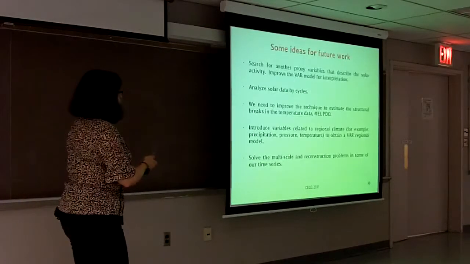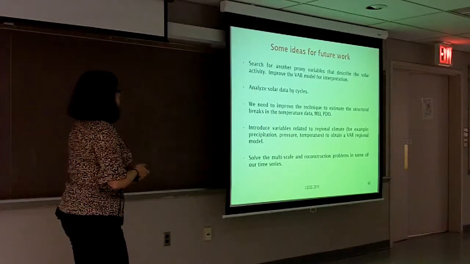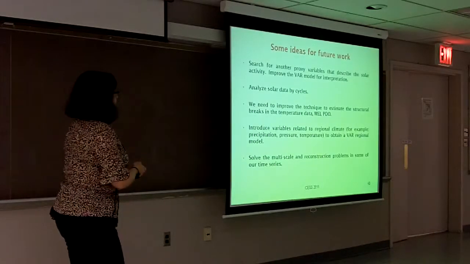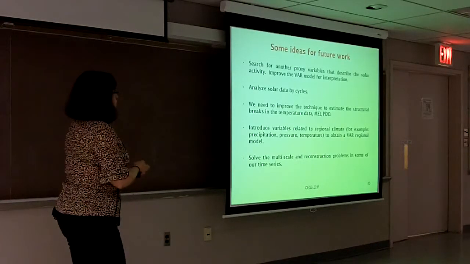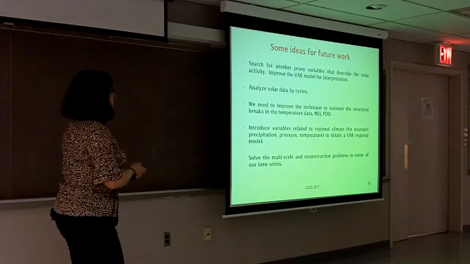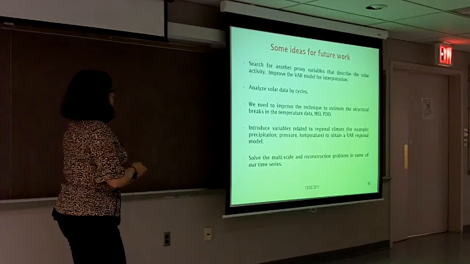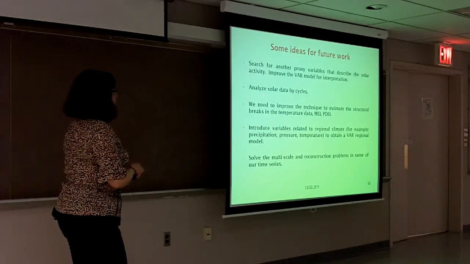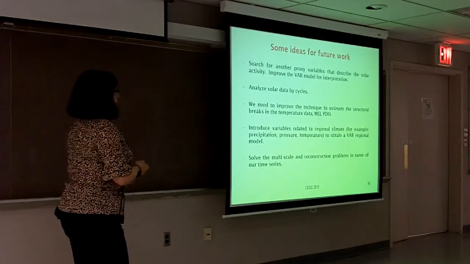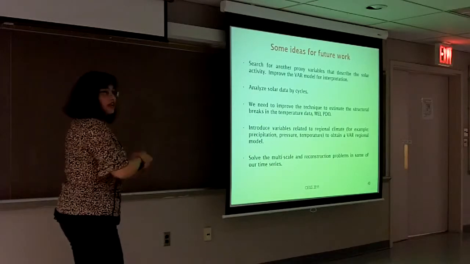So, some ideas for future work. The first is that we need to search for other proxy variables that describe the solar activity better, because we need to improve the Barr model for interpretation. We need to analyze the solar data by cycles and not the time series as a whole.